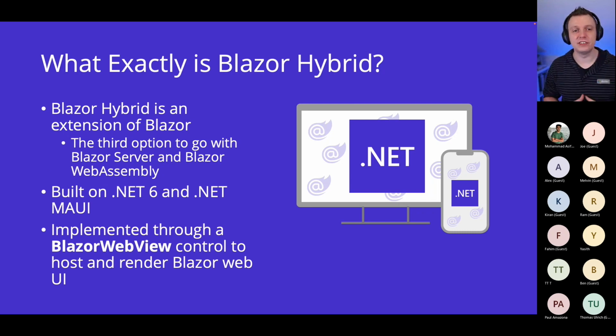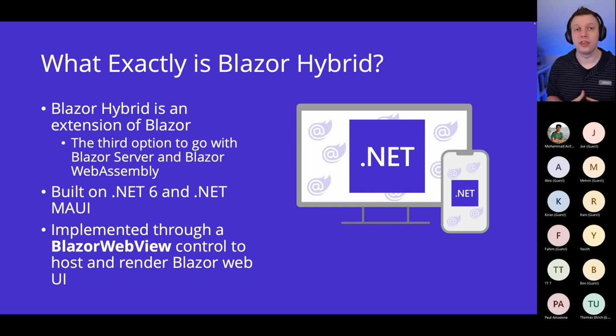So what exactly is .NET MAUI Blazor Hybrid? Well, all the terms. Blazor Hybrid is an extension of Blazor. So basically, it's the third option to go with Blazor Server and Blazor WebAssembly that I mentioned earlier. It's built on top of .NET 6 and .NET MAUI, and it's implemented through a Blazor WebView control.